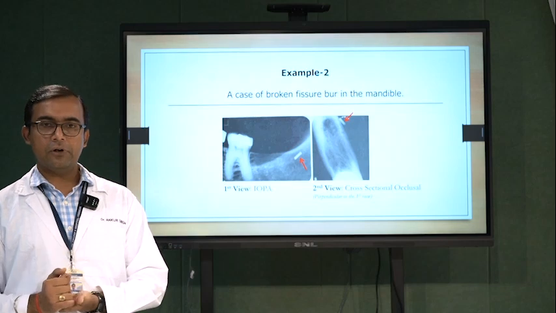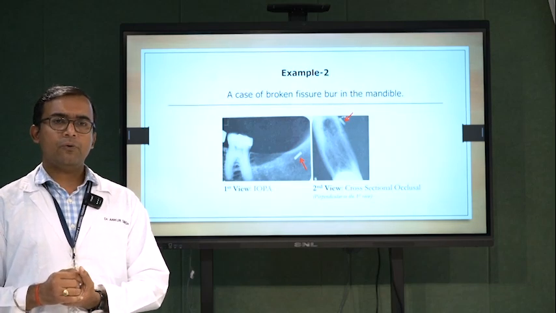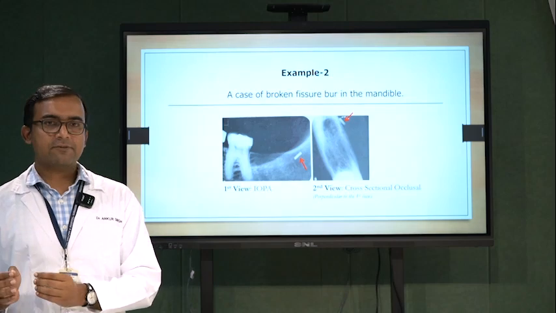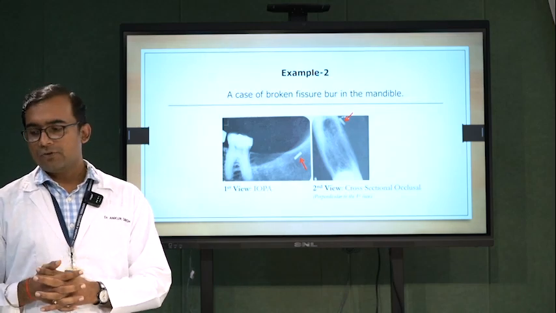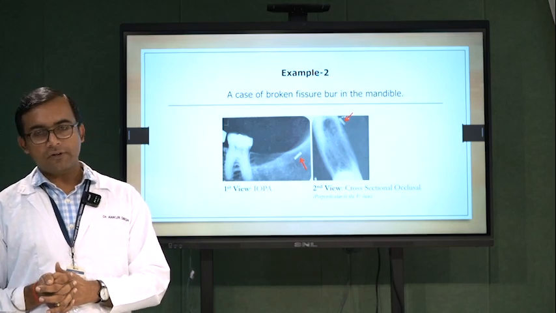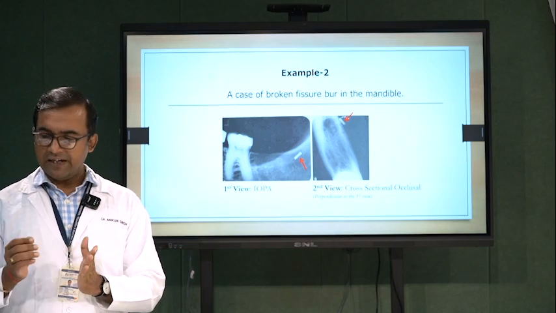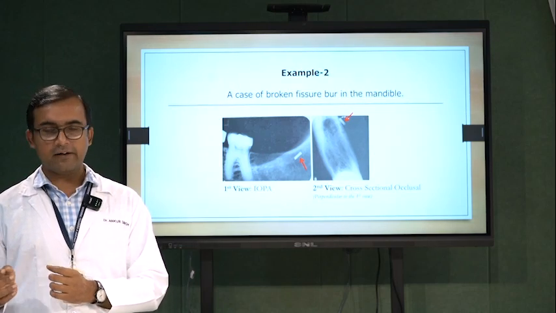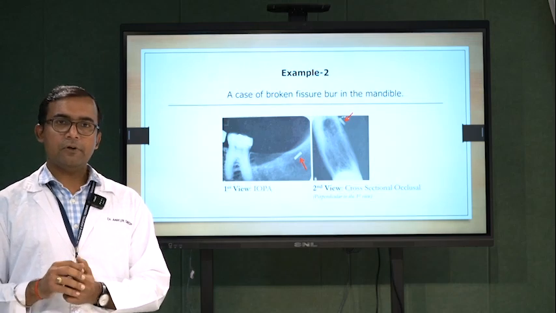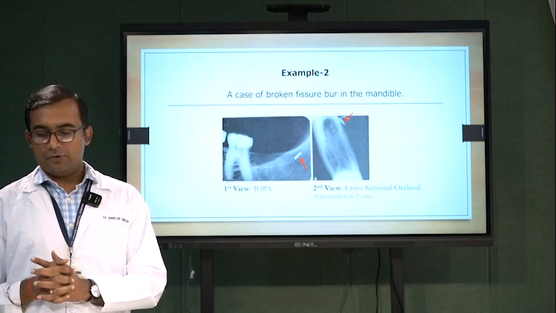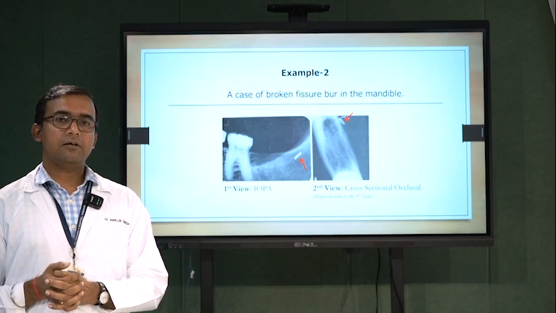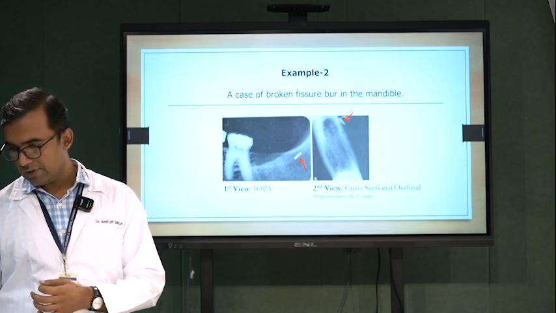We don't know whether this object is close to the lingual aspect or the buccal aspect. So we performed a lateral occlusal or a cross-sectional occlusal, and the object is very much close to the lingual cortex. So in order to retrieve this, the approach should be from the lingual aspect. So here we are seeing the advantage of performing the right angle technique.